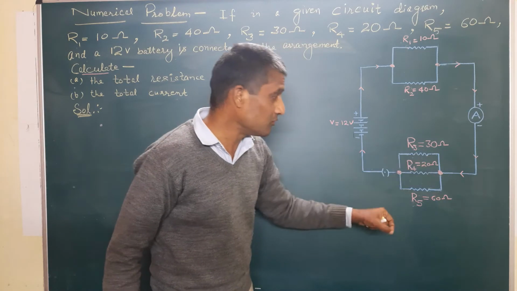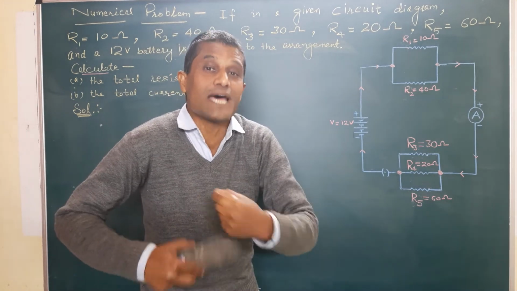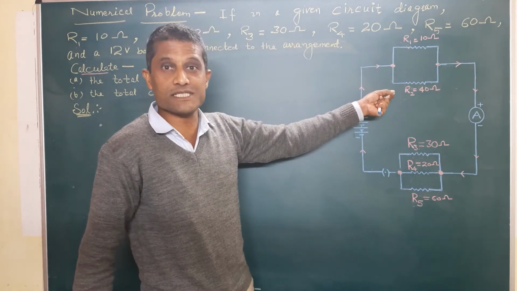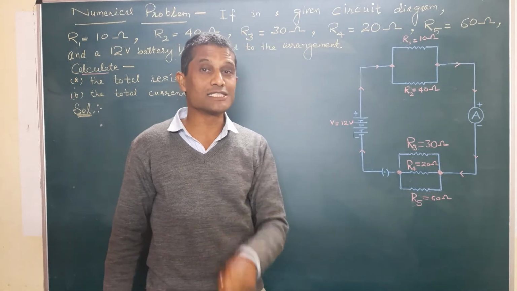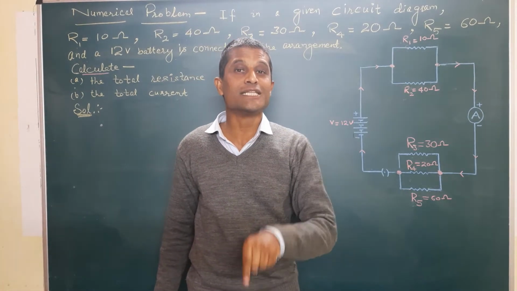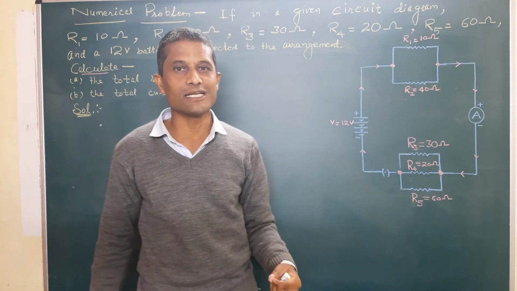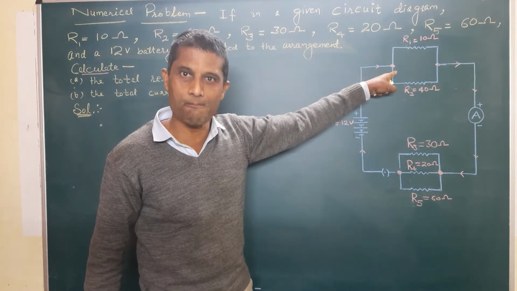By now, it seems a bit difficult to digest what I am saying. But if I simplify this very circuit diagram for you, then it would be easy for you to answer this question, what kind of combination they are. You will directly latch on to the answer by saying, oh, it's a series combination.